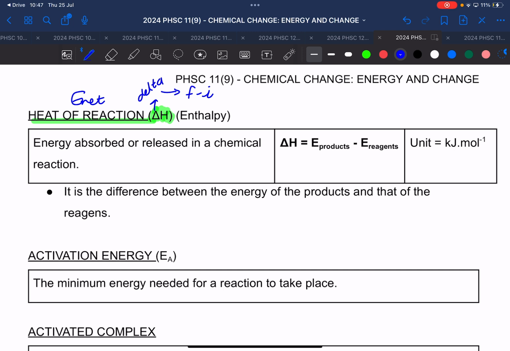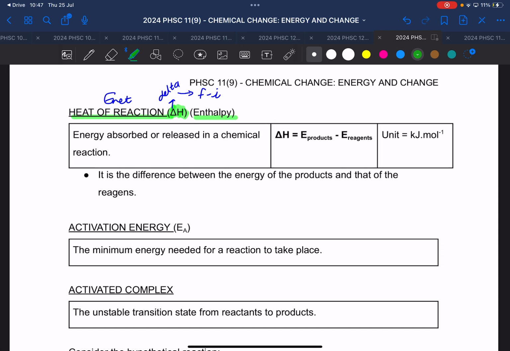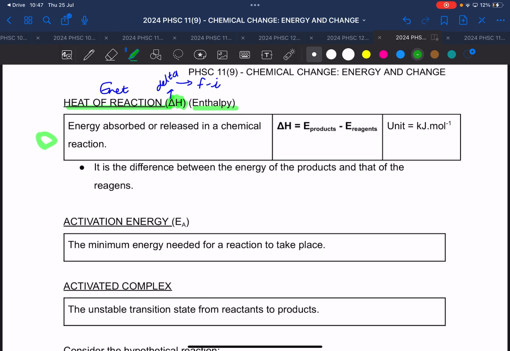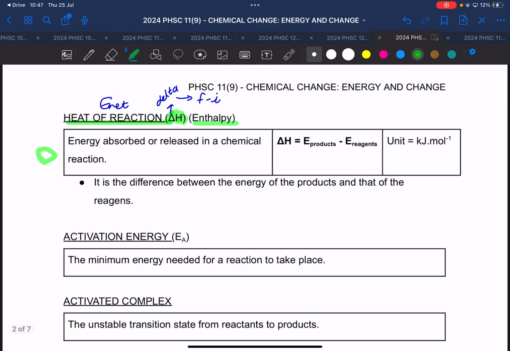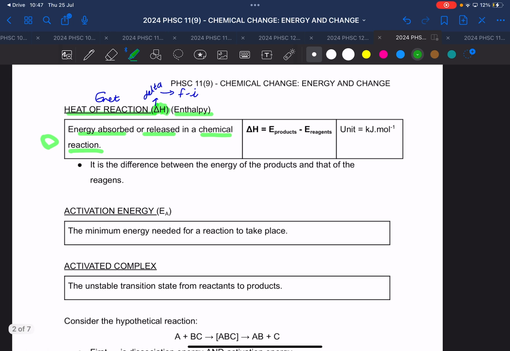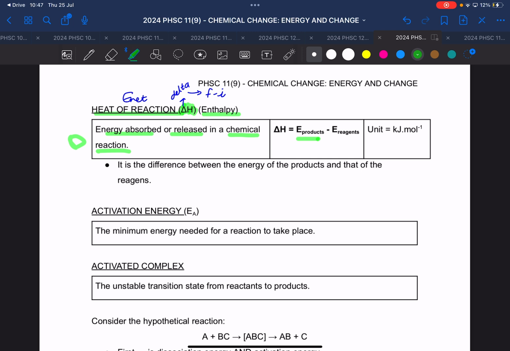So if you go to old question papers, it will be called enthalpy. Okay, so what's the definition of the net energy or the heat of the reaction? It is the energy absorbed or released in a chemical reaction. How much at the end was given off or needed? To calculate that, the fancy way is the energy of the products minus the energy of the reactants. And we measure that in kilojoules per mole. How much energy per 1 mole?